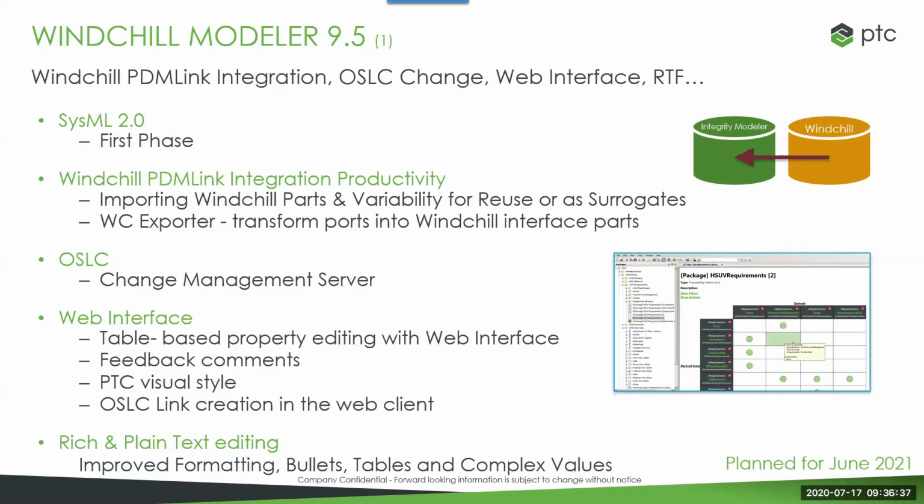They can just do it through the web interface. And at the end of the list, we have some rich and plain text editing improvements. This is, again, another set of customer requests in this area: improvements to formatting, bullets, tables, and how we handle complex values.